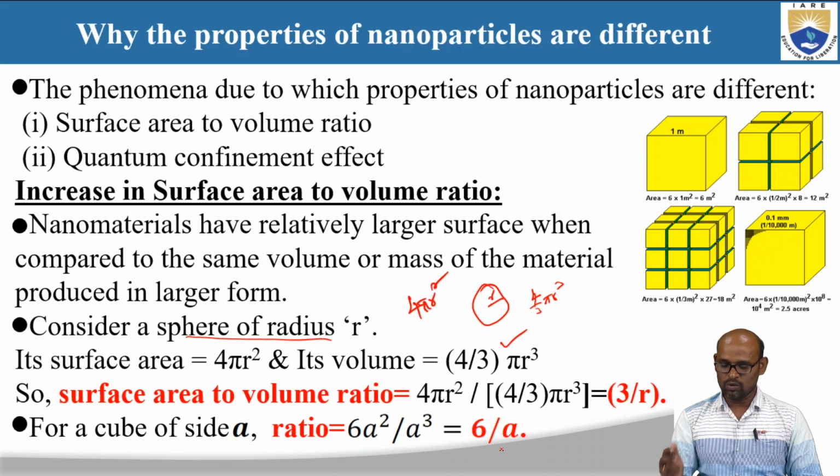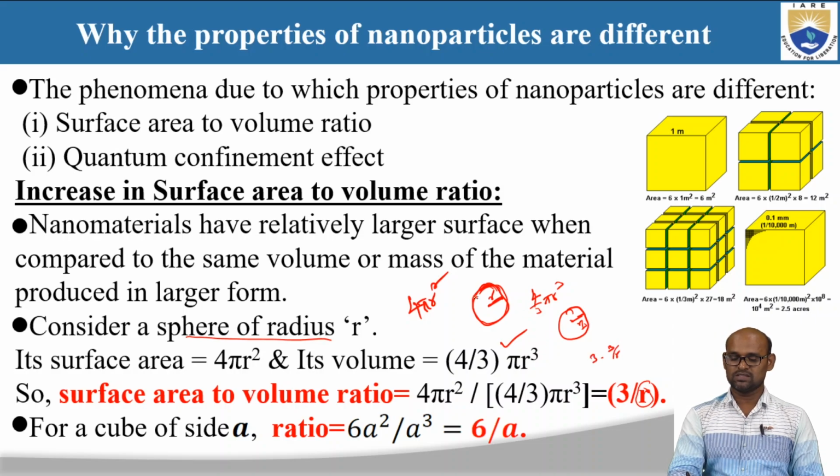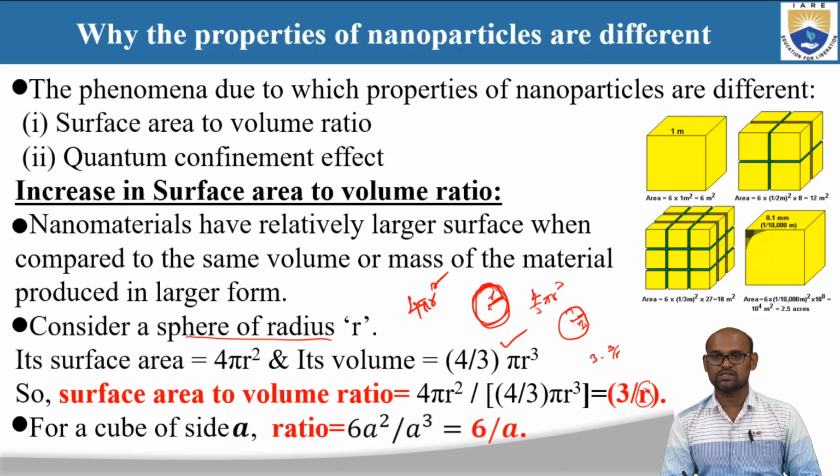Now as you reduce the size, I have a sphere of radius r. If I reduce the radius of this spherical particle to r by 3, then what I get is 9 by r. So the surface to volume ratio will increase 3 times compared to the spherical particle of radius r.